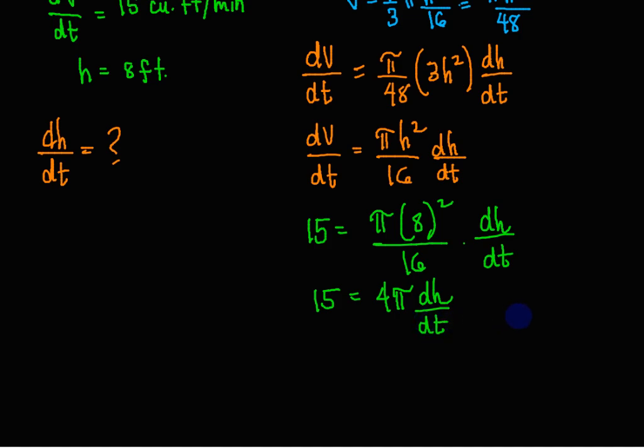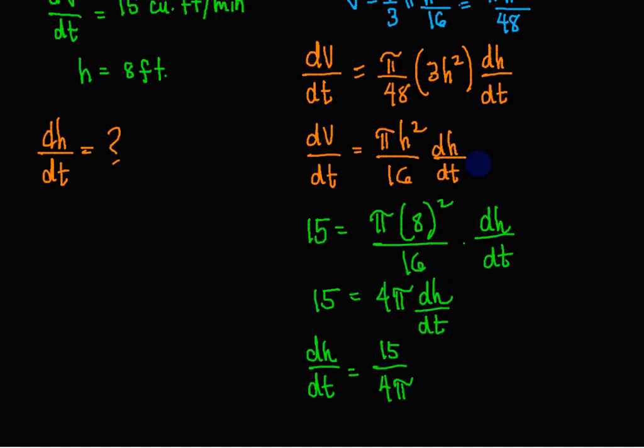Right? Then, what we are going to do here is to solve for dh/dt. So we divide both sides by 4 pi. We now have dh/dt is equal to 15 over 4 pi.